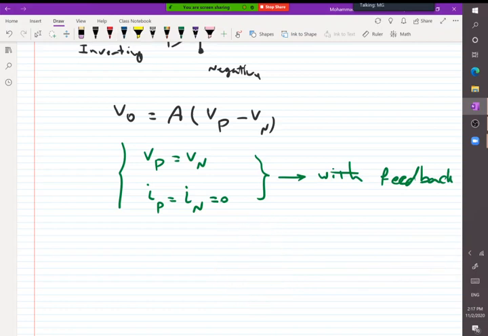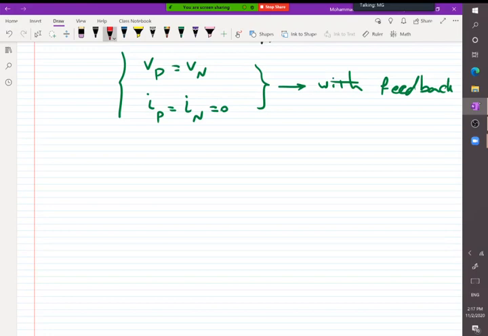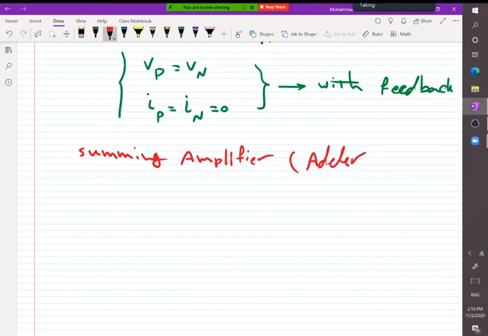Okay, so the first op-amp circuit we are going to discuss today is the summing amplifier, or adder.